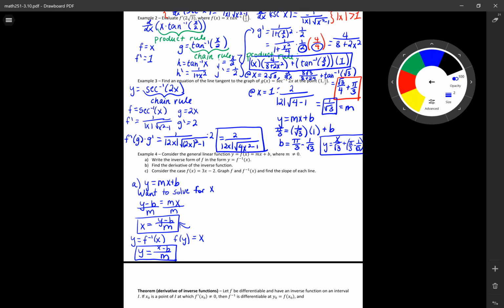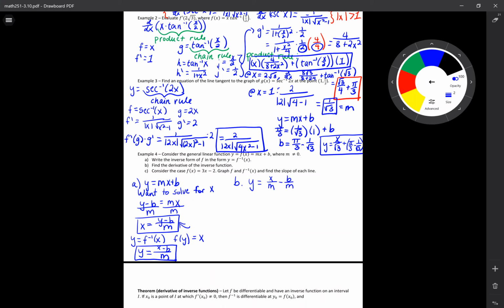All right. Now I want to find the derivative of this inverse function. So how do I find the derivative of this? I have the function y equals x over m minus b over m. I can split those into two parts since my denominator is the same.